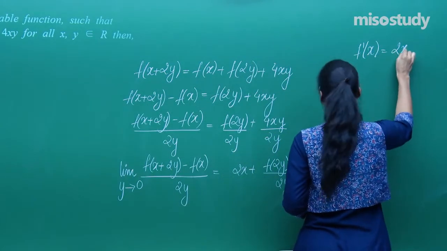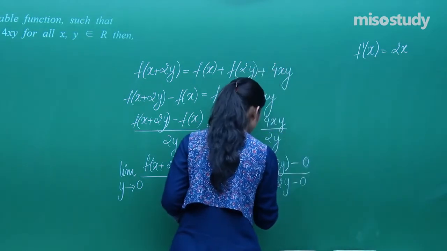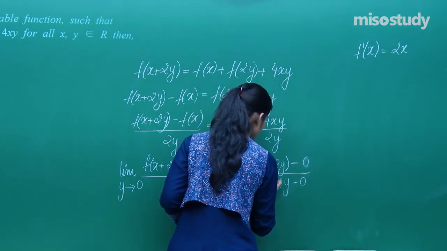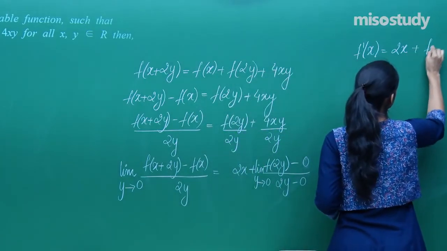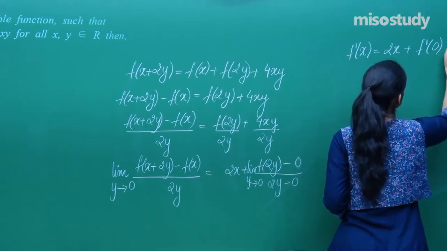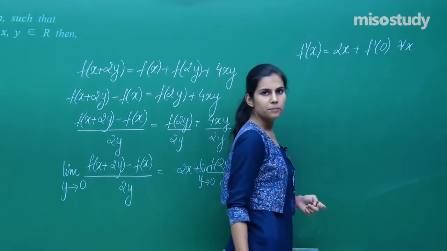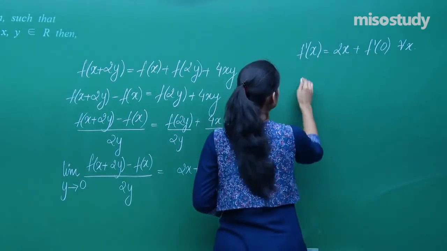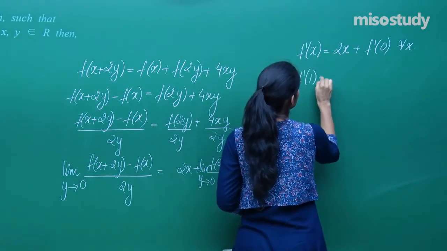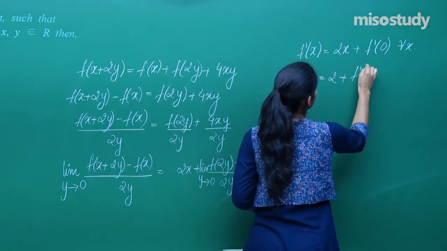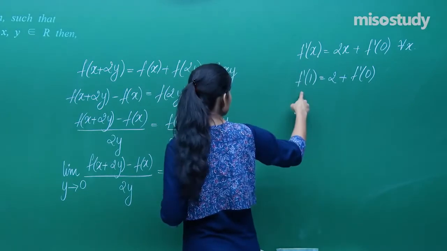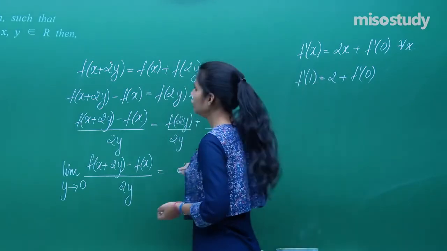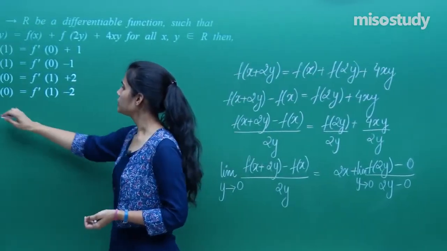This is equal to 2x plus, again limit y tends to 0, f dash 0, and this is true for all x. So in particular for x equals 1 also it is true. So I get f dash 1 equals 2 into 1 plus f dash 0. Or I can say f dash 0 is f dash 1 minus 2, and therefore this happens to be your answer.